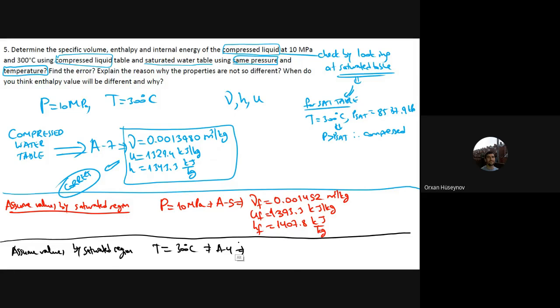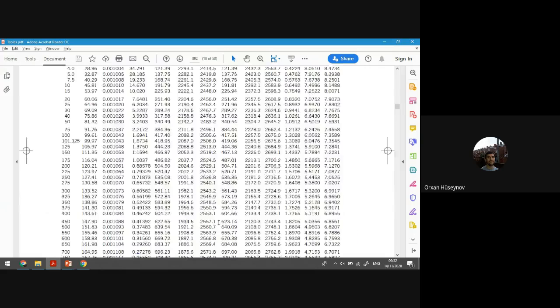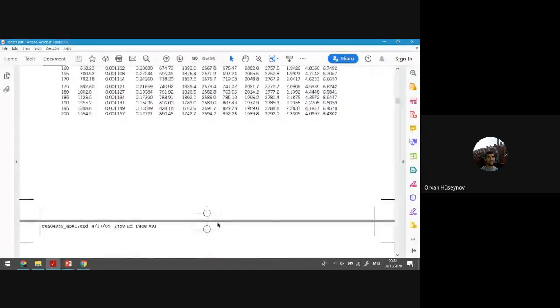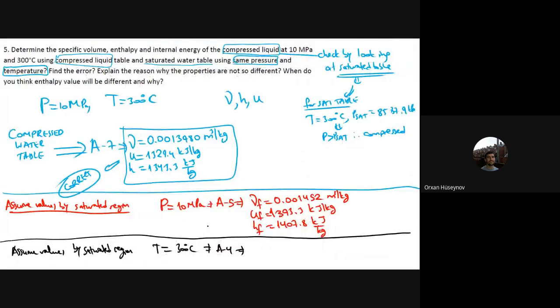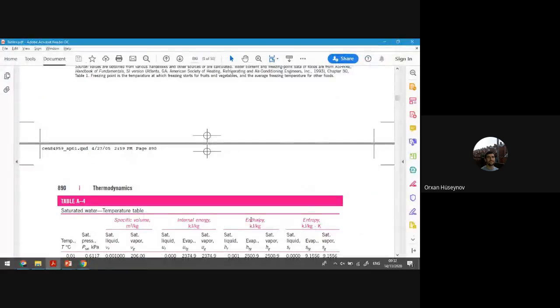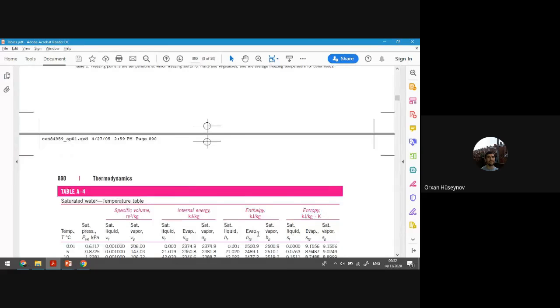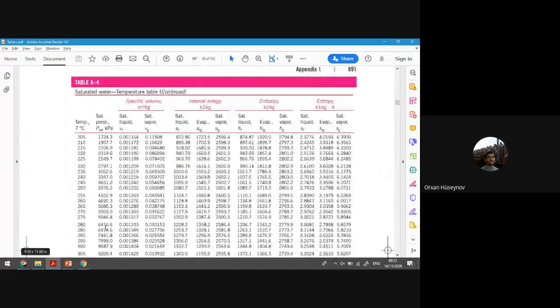Now I will go to table A4. For table A4, the temperature of 300 degrees Celsius, let's have a look at it. This is the temperature. So these are the rows that I'm going to use.